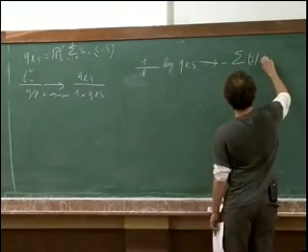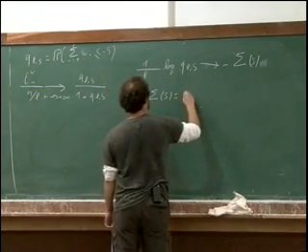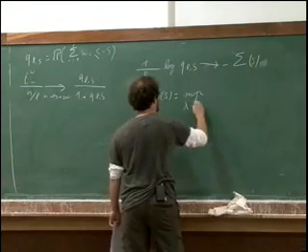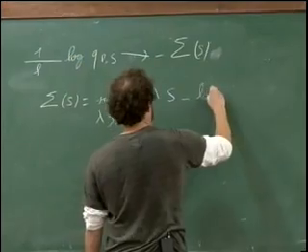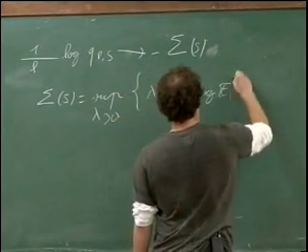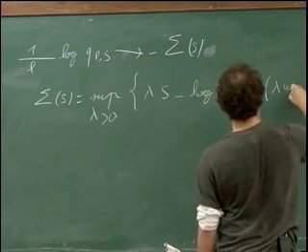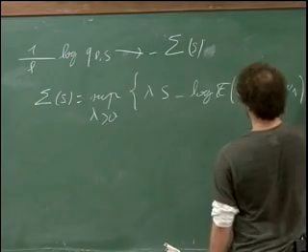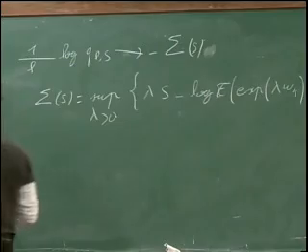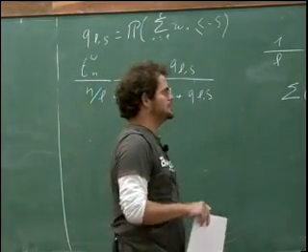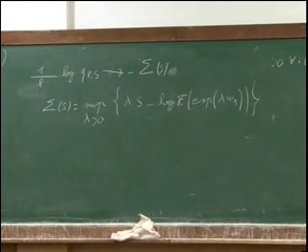And actually sigma of delta is the supremum over lambda strictly positive of lambda delta minus the logarithm of the expectation of exponential lambda omega 1, so the cumulant. So this is the Legendre transform of the cumulant. This is just an application of the easiest large deviation principle. So that's what you obtain.